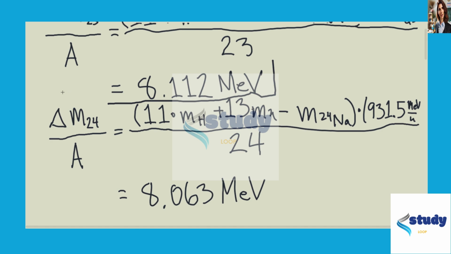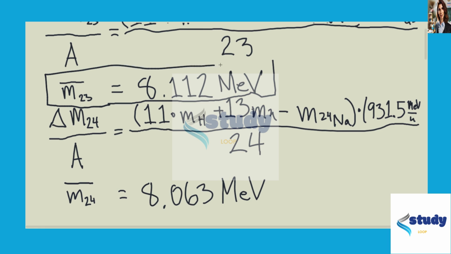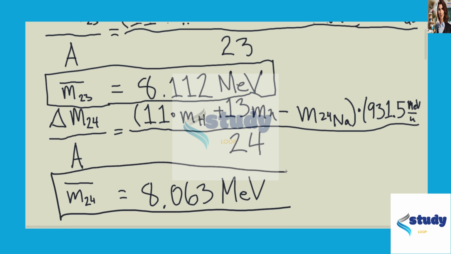We'll call this the average mass for 23, and we'll call this the average mass for 24. And again, that was the mass per nucleon. Okay, and that concludes our problem.